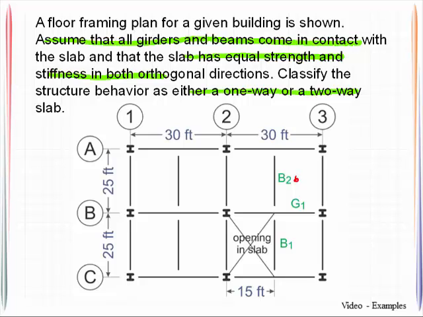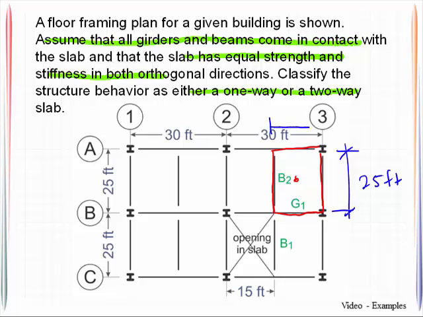Notice I just put a dot somewhere on the floor system. And now what I want you to do is go ahead and draw a line going to the nearest supports to the point. So these are all the nearest supports to that point, and that is then the slab dimension that you want to use to check your aspect ratio.